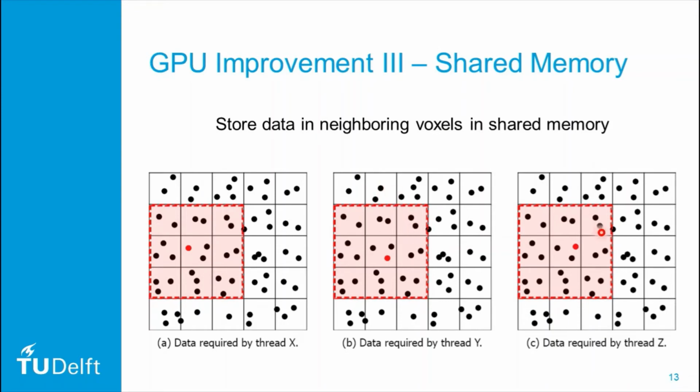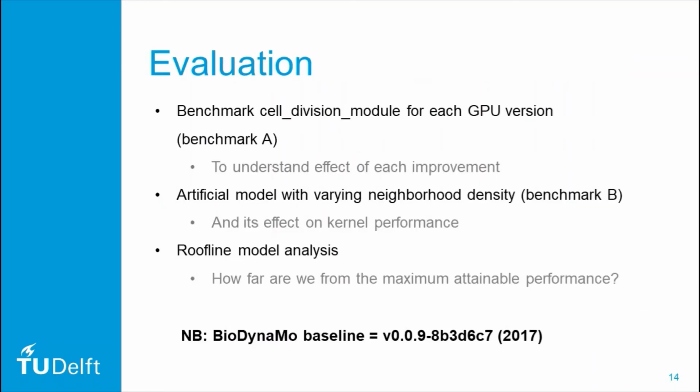Because in the uniform grid method, we know that the agents that reside in the same voxel will need to access the same neighborhood. If we can copy the agents in the neighboring boxes into shared memory, then we would expect that the threads that are responsible for the agents in the center box will enjoy a lower access time to the neighboring agent data.